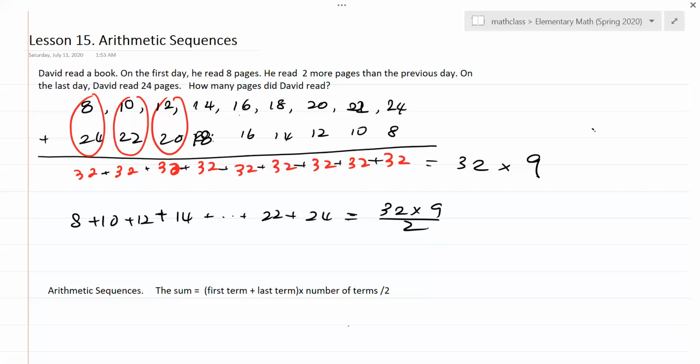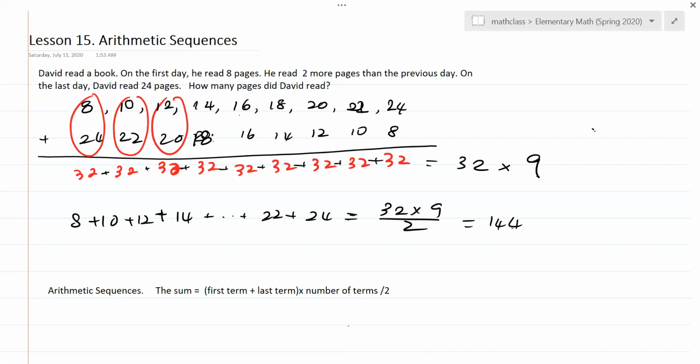Total is 18 terms, 2 times 9. But I find a pair of the numbers, add them together first, right? Then I got 32 plus 32 plus 32. Then multiply by 9, then I got the total sum. But that is double the sum of the original sequence. So I have to divide by 2. Okay? And then if you do this, you get 144. Okay? This is how we get the idea.